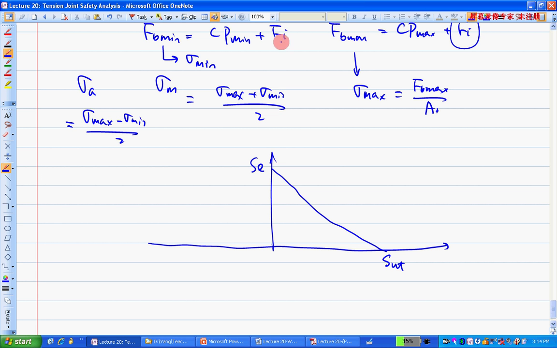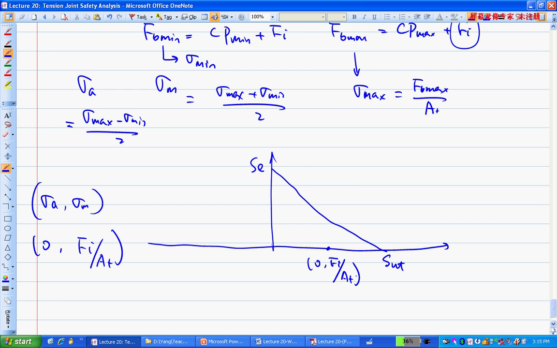Initially, the sigma M value is there because of Fi. So the pair of sigma A and sigma M, which is the state of stress, doesn't start from 0; it starts at Fi over At. So maybe it starts here. This is the point.